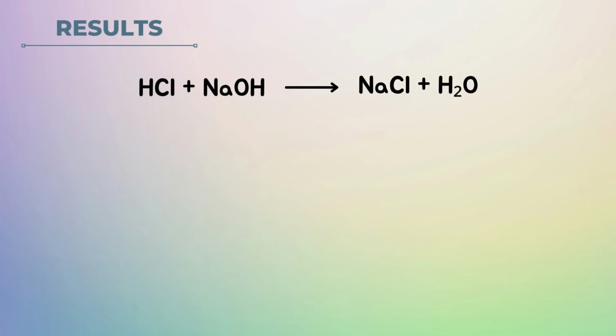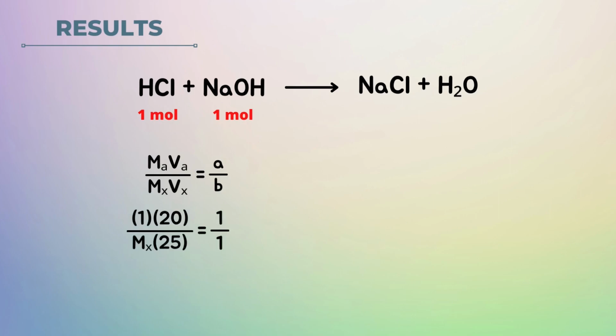In this experiment, we find that 1 mole of hydrochloric acid, HCl, plus 1 mole of sodium hydroxide, NaOH, forms 1 mole of sodium chloride, NaCl, plus 1 mole of water, H2O. So, by substituting the values we got from the results of the experiment into the formula introduced, we get 1 times 20 over Mx times 25 equals 1 over 1.